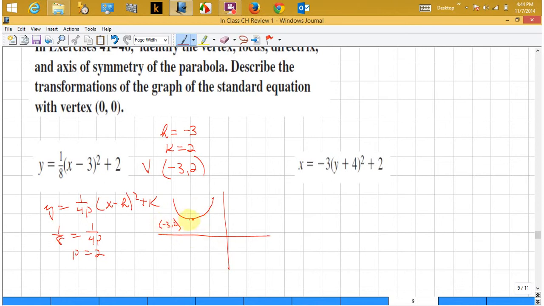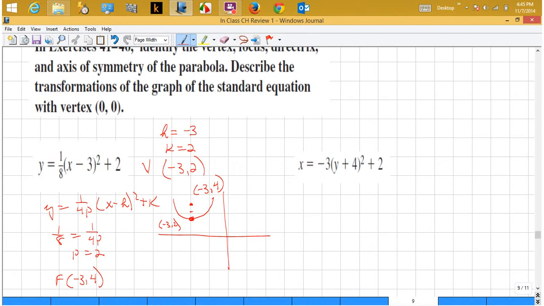Okay, so p is how far away the focus is from the vertex. So this p would move up 2. So it would be up here, at a negative 3, 4. So my focus is going to be at a negative 3, 4.